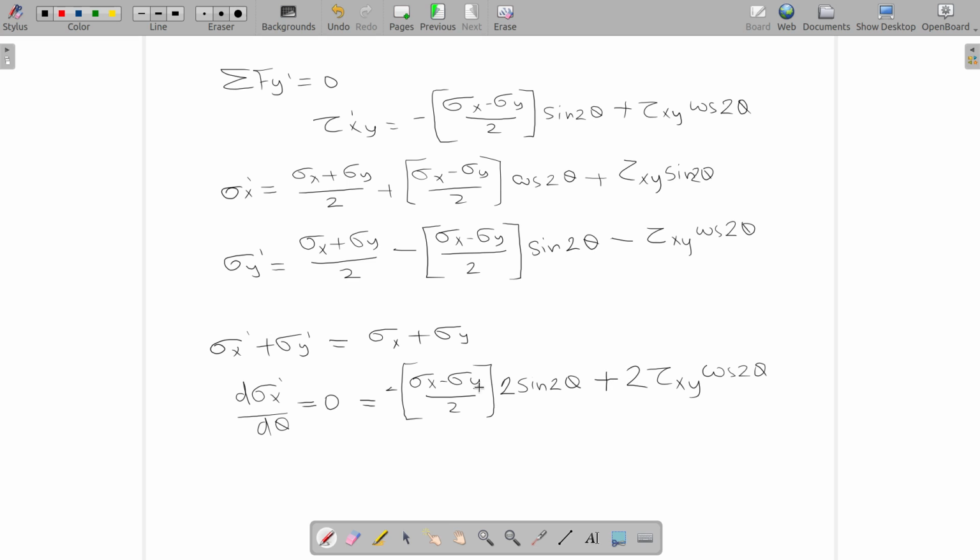So you can take one term to the other side, and this theta we will call theta 1. We'll first find out theta. Take it to the other side, divide sin 2 theta by cos 2 theta, and you will get tan 2 theta as tau xy divided by sigma x minus sigma y divided by 2.